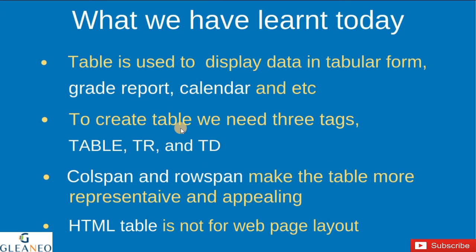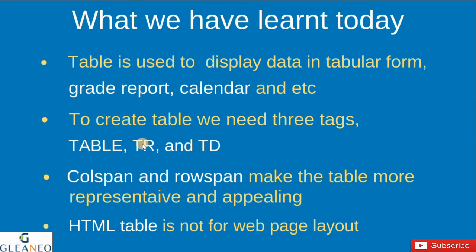So what we have learned today, we learned table is used to display the data in tabular form like in grade report, calendar and etc. Table is made from group of cells. To create the table in HTML, we need 3 tags which are table, tr and td. Table is the main tag and used to create the table.